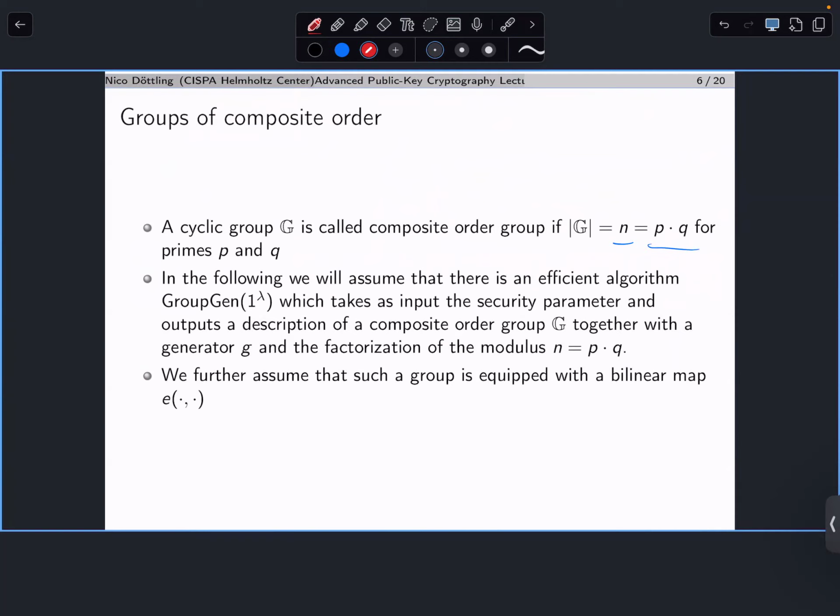So to construct this, let's say, first non-trivial homomorphic encryption scheme we want to look at, we need a bit more than these groups of prime order we were working with so far. We need groups of composite order, right?